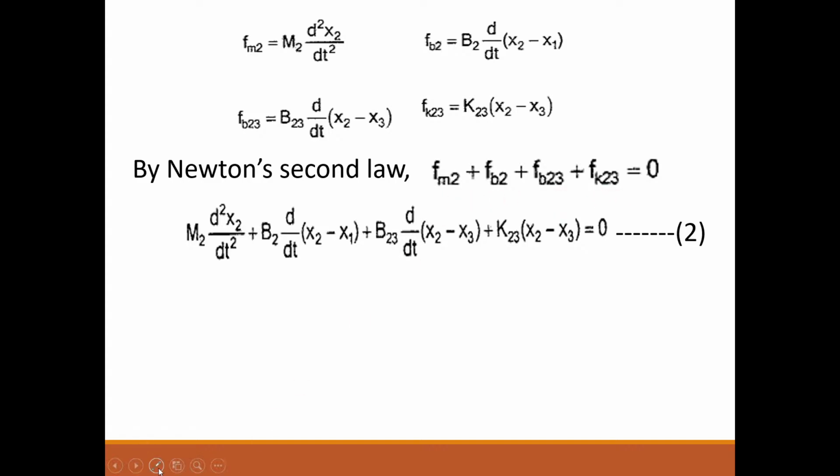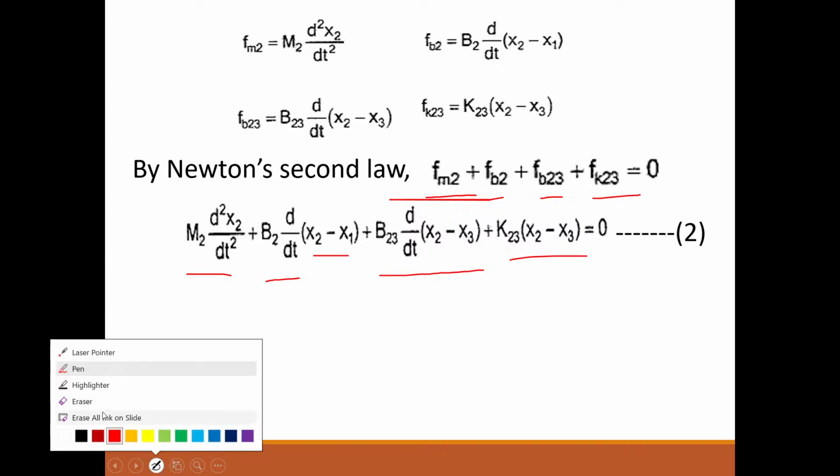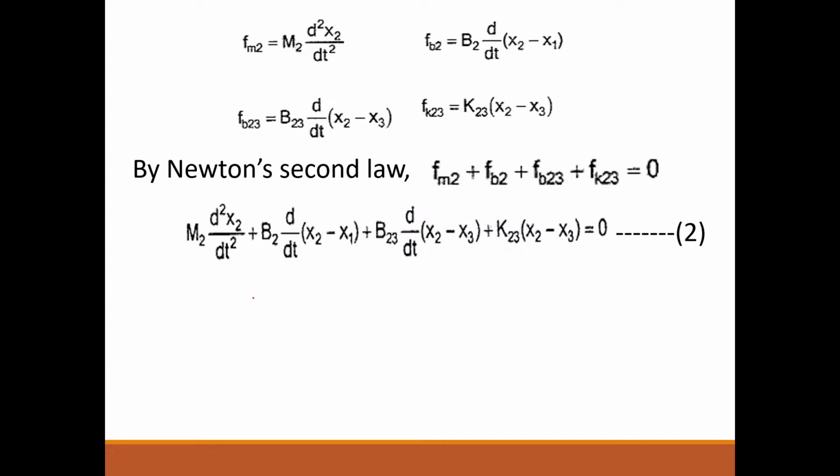So what is Fm2? Fm2 is m2 d square by dt square x2 plus Fb2 is b2 d by dt of x2 minus x1 plus Fb23 is b23 d by dt of x2 minus x3. Fk23 is k23 x2 minus x3 equal to 0. So this is our equation 2. So this is the force balance equation at mass m2. Consider it as equation 2.